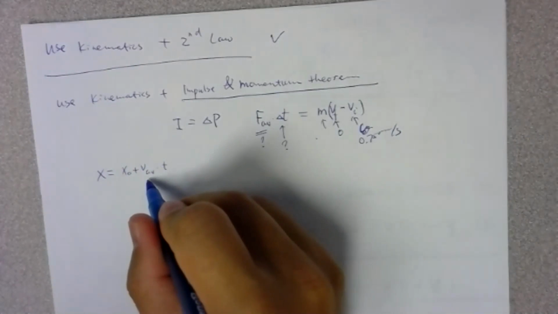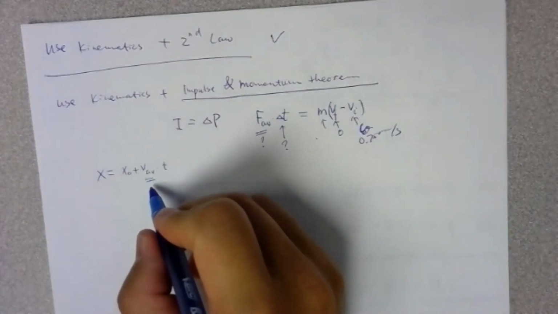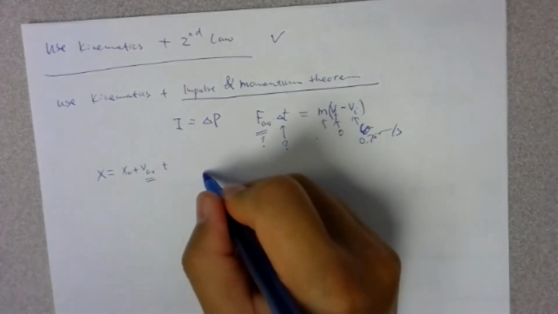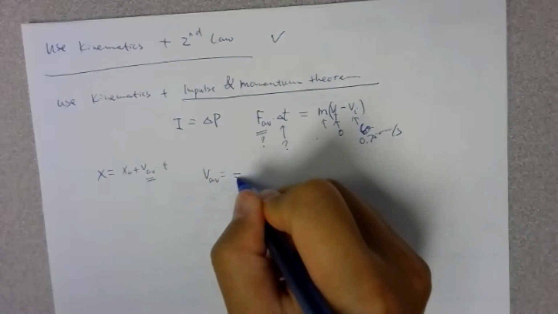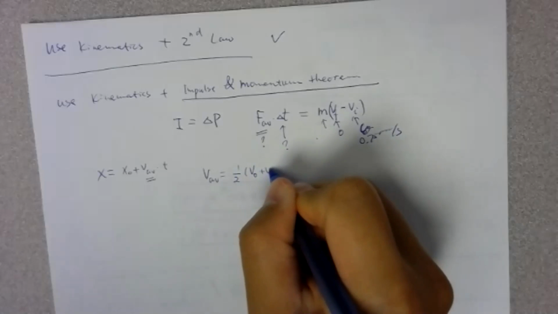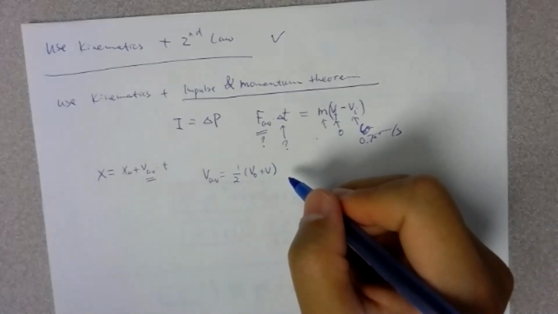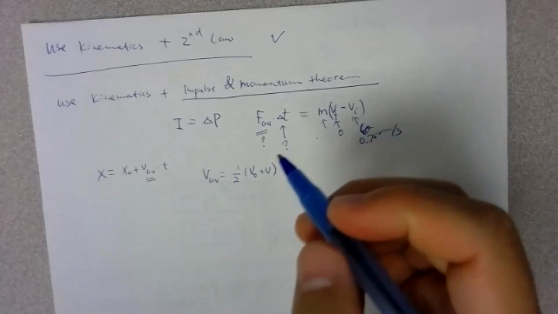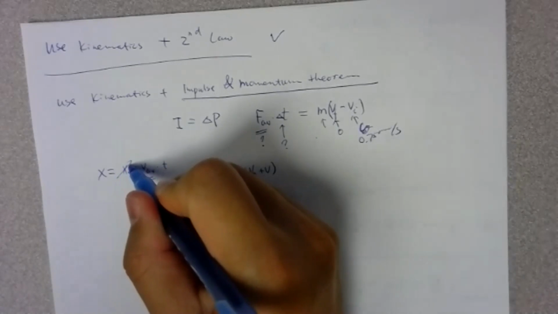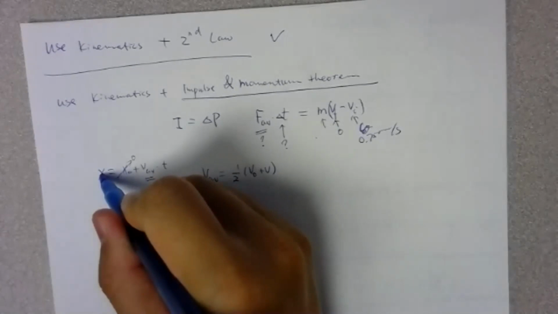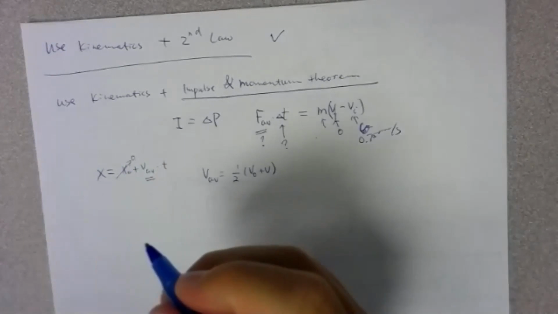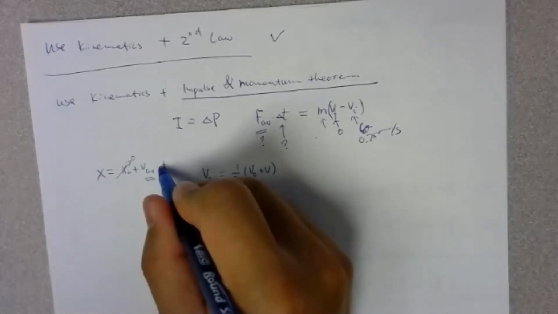Now because the deceleration is constant, v average is equal to 1/2 of v initial plus v final. Then you can set the initial position to be 0, so the final will be the 6 meters. Then you can solve for t here, or delta t.